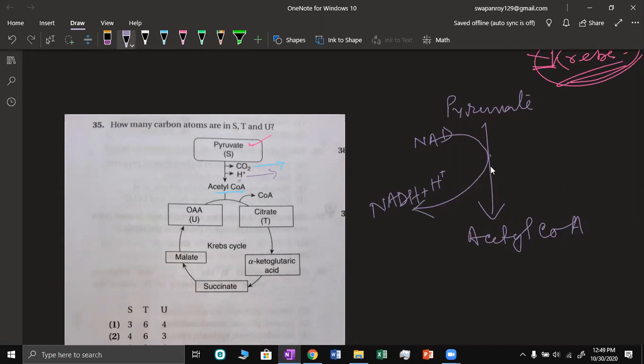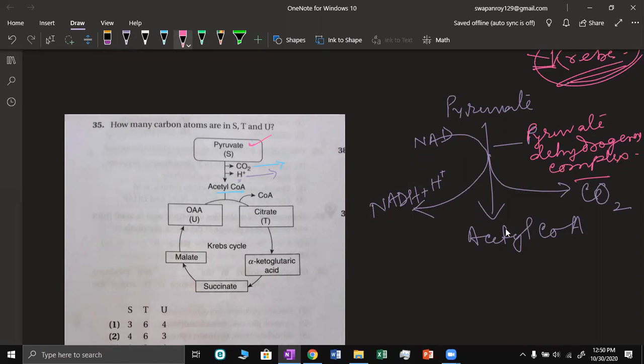In this process the first molecule of carbon dioxide is released, and this reaction is catalyzed by the enzyme pyruvate dehydrogenase complex.